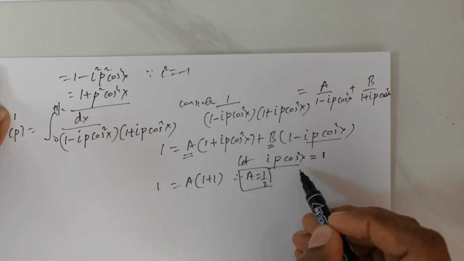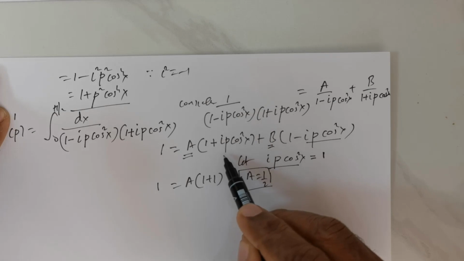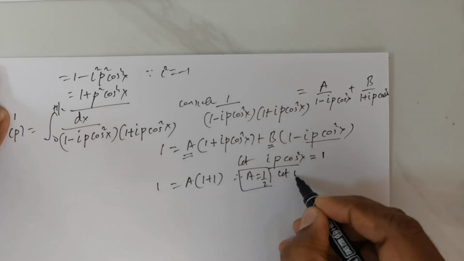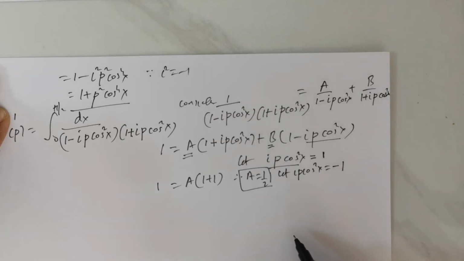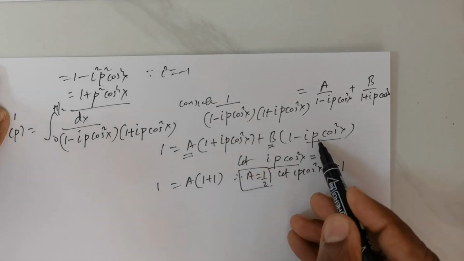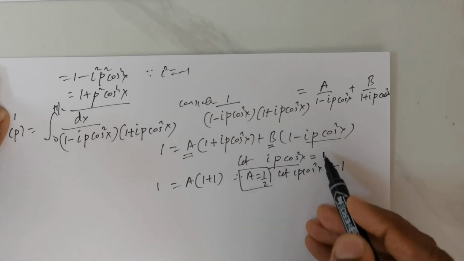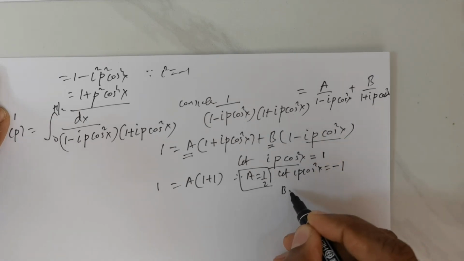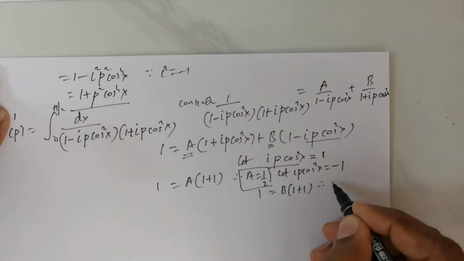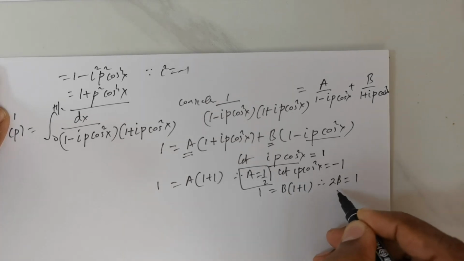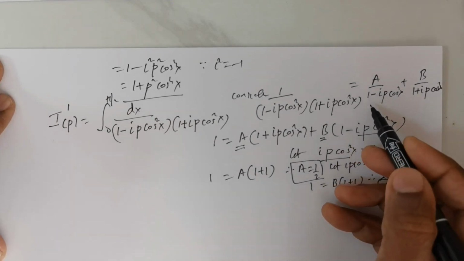And by taking the other term, suppose I were to take I p cos squared x is equal to negative 1, then this term goes away. So this is going to be negative 1, so negative of negative 1 is going to be positive 1. So this is going to be b of 1 plus 1. On the left is going to be 1. So therefore 2 times b is equal to 1 and b is equal to 1 over 2. So we got a is 1 over 2, b is equal to 1 over 2.